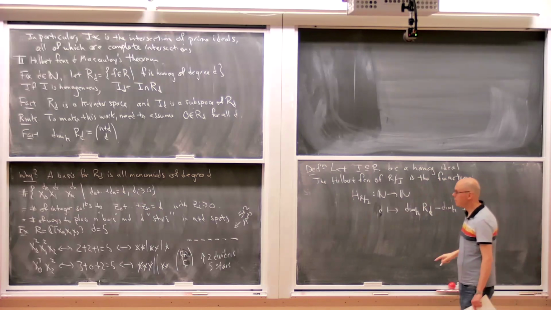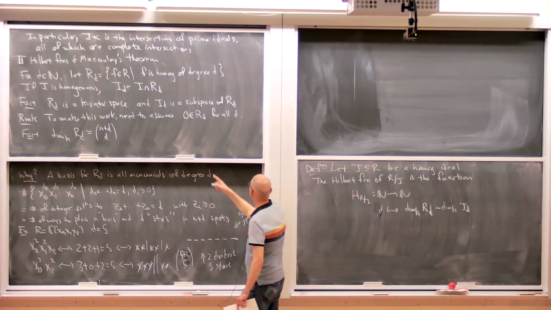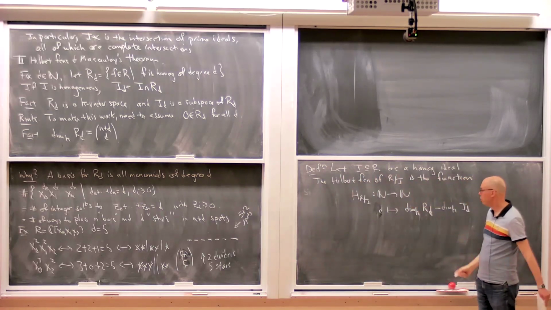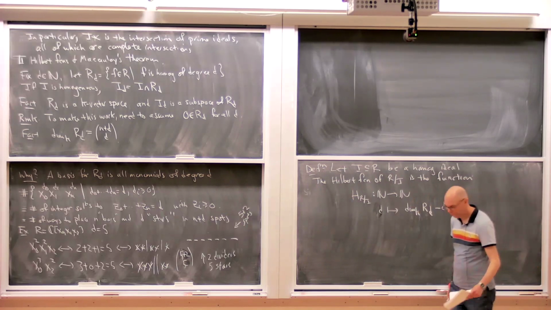Because it's a subspace, this number is going to be positive. Fred defined it in terms of the quotient, but this is the exact same definition.